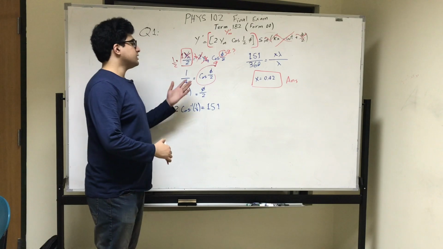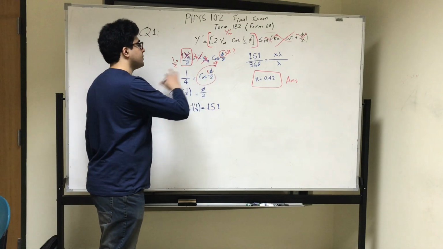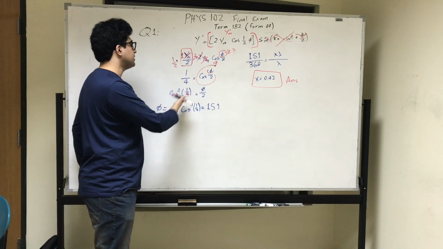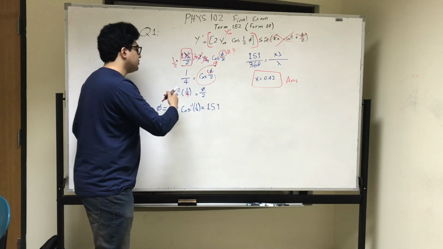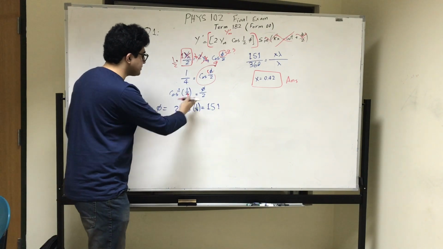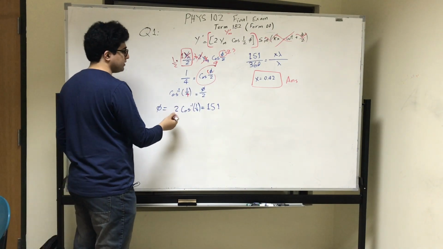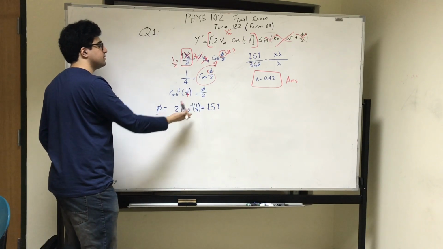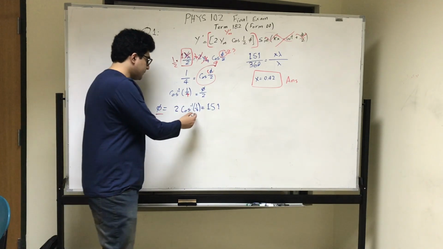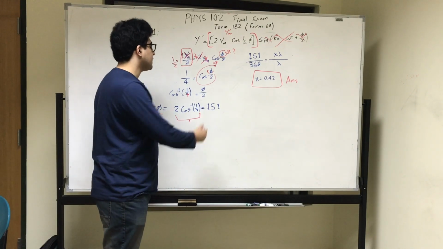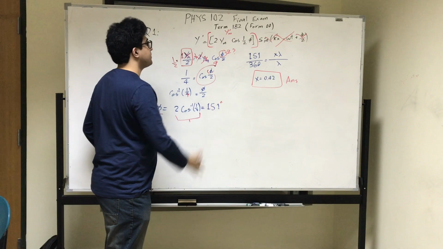Now you can easily solve for the phase difference. Take cosine inverse of both sides, then multiply both sides by 2. So the phase difference is equal to 2 times cosine inverse of 1/4, and if you plug this into your calculator, you get 151 degrees.